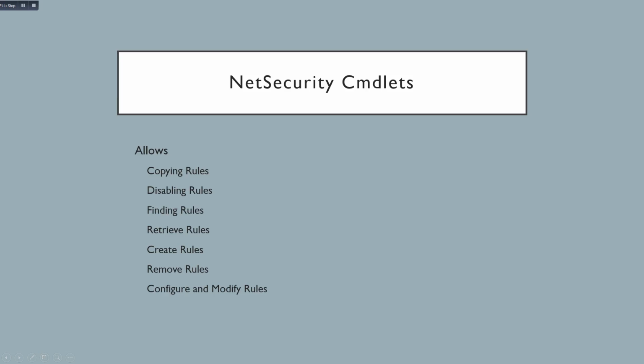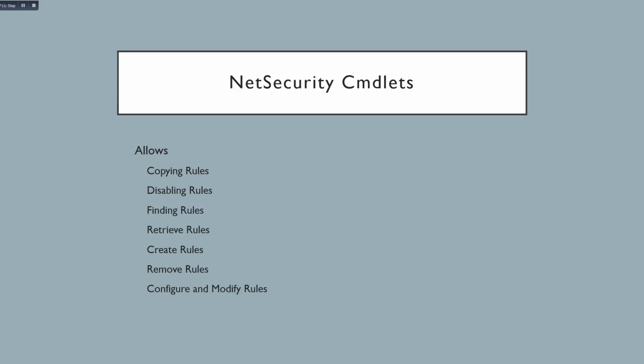First off, the power of net security commandlets. There are multiple commandlets built in, I would probably say over 50 of them. What they allow you to do is interact with firewall rules via PowerShell.